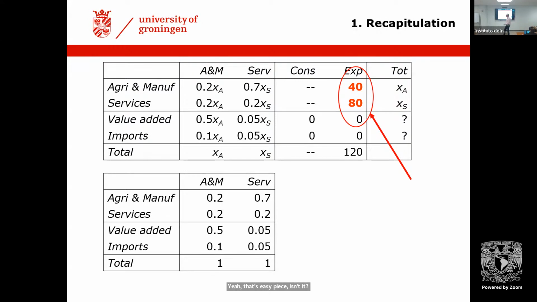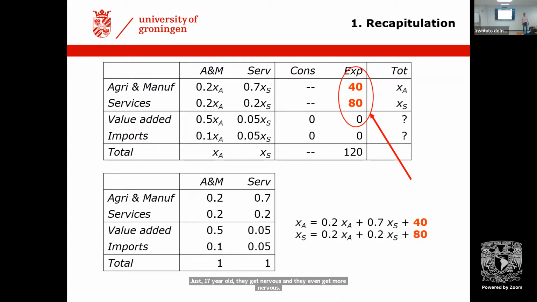And now, some of these students, these kids, 16, 17-year-olds, they get nervous. And they get even more nervous if I show them, well, actually, this is two equations with two unknown variables, right? And you have learned in your second grade how to solve them. And then you see that they start sweating.